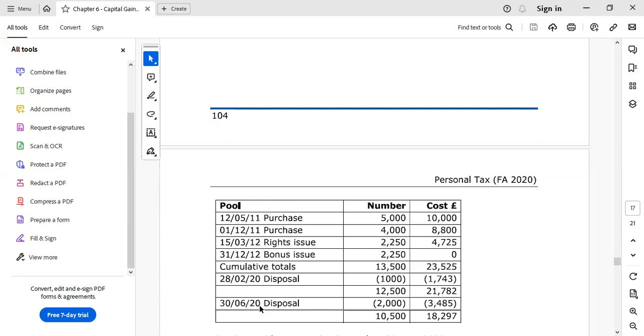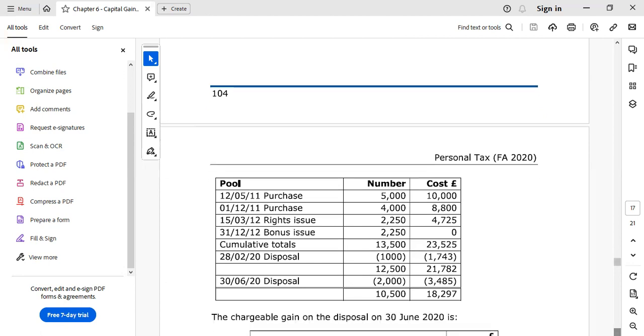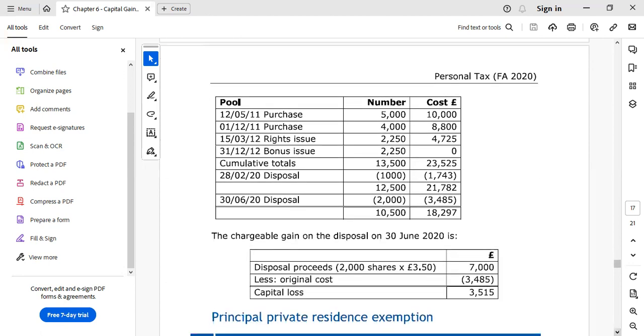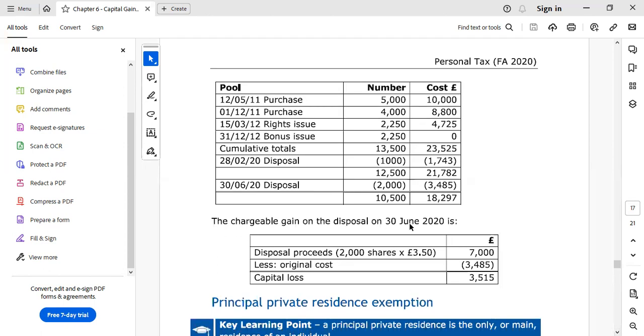And on 30th June 2020 we disposed of 2,000 shares. So we need to find out the cost of these 2,000 shares. The cost is 2,000 divided by 12,500 multiplied by 21,782, and we get the cost of 3,485. Now we need to find out the chargeable gain for 30th June.